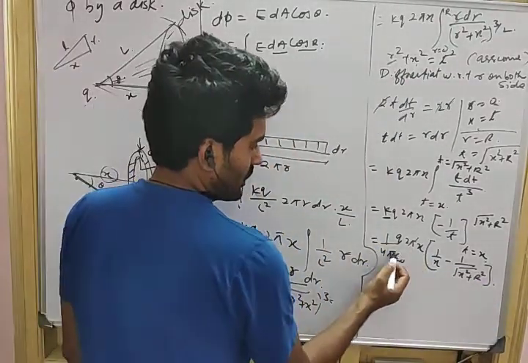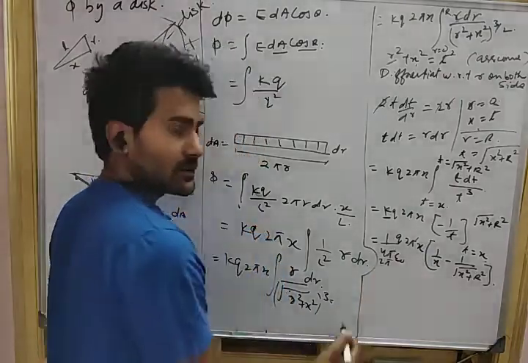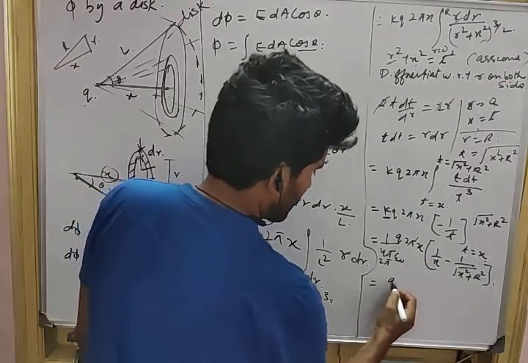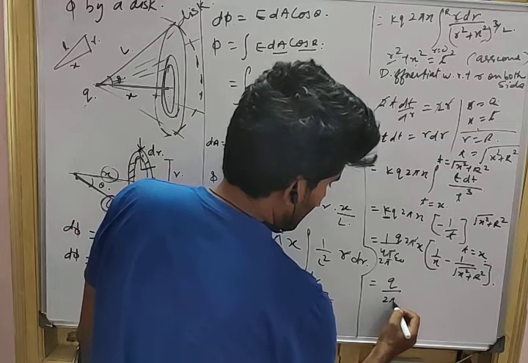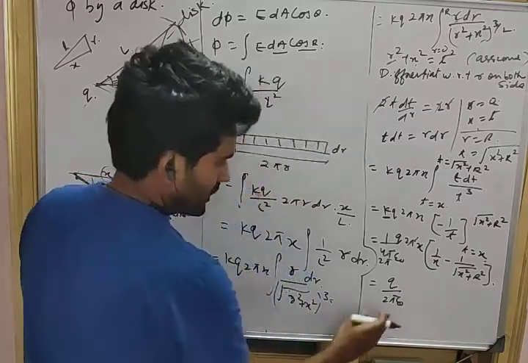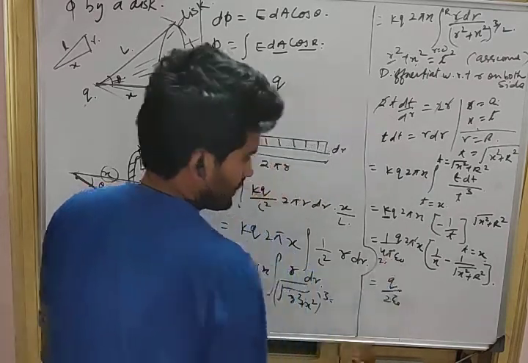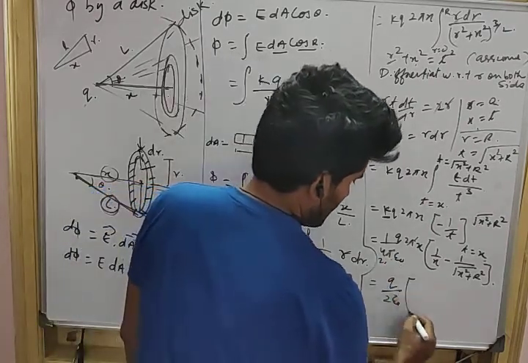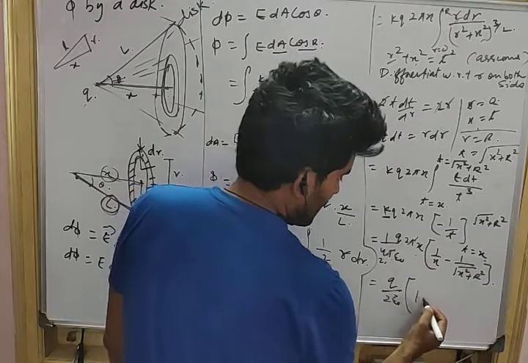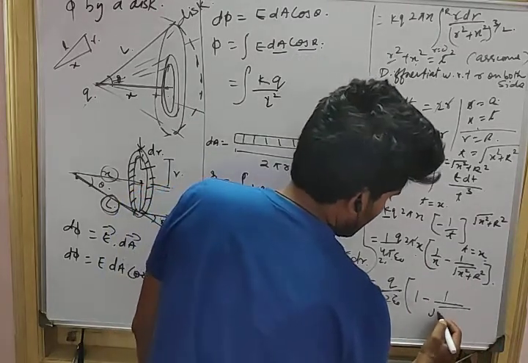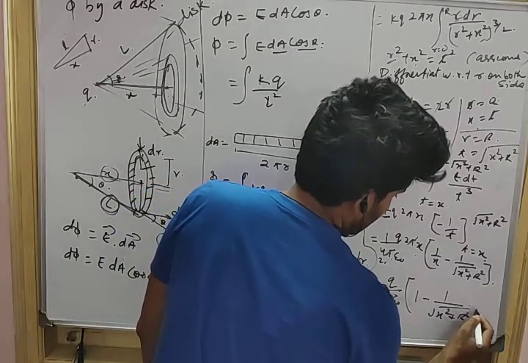So 2 pi will be cancelled, so you will get q by 2 epsilon into, if you multiply by x inside, 1 minus 1 upon under root x square plus r square.